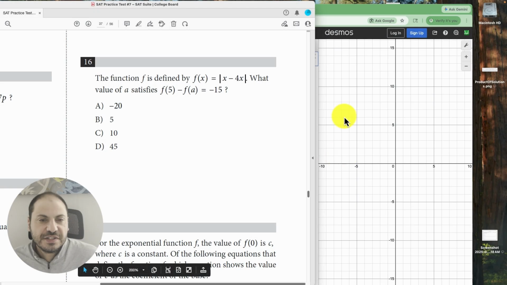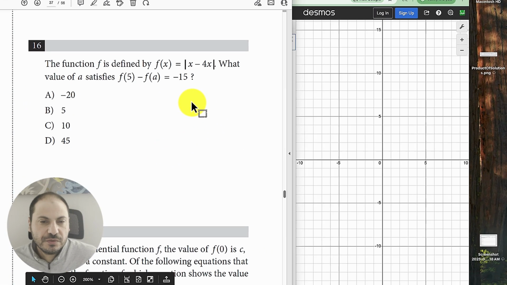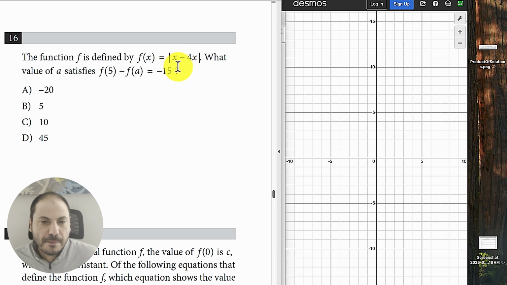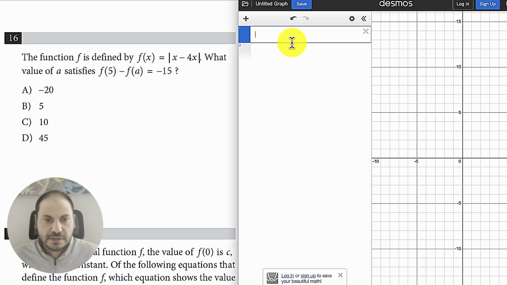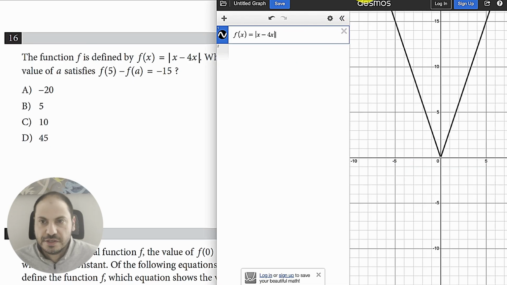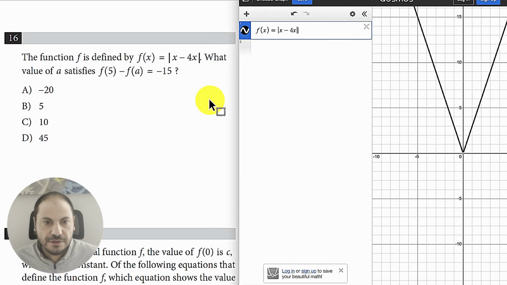The function f is defined by f of x equals absolute value of x minus 4x. What value of a satisfies f of 5 minus f of a equals negative 15? This is a combination of graphing and using regression. There's the graph of the absolute value, and then for f of 5 minus f of a equals negative 15, this is where we use regression.